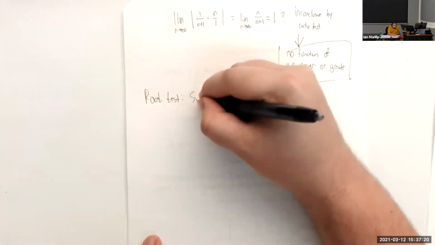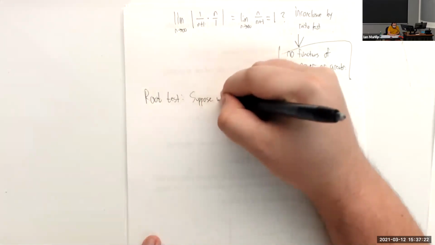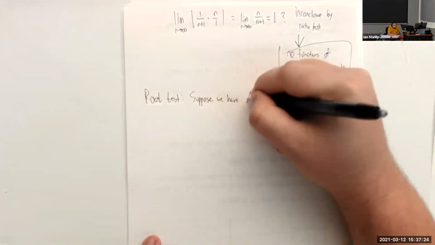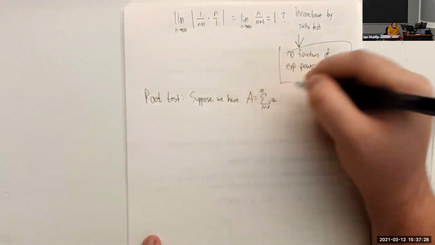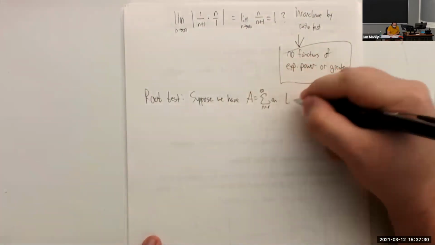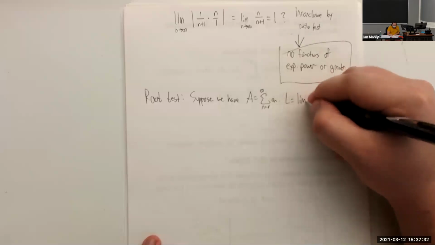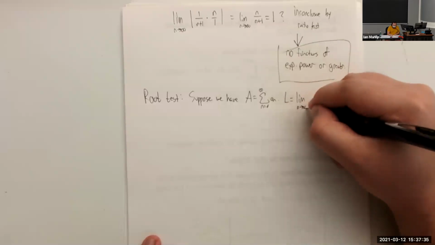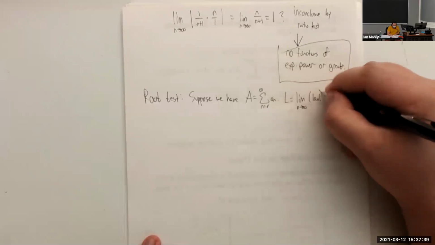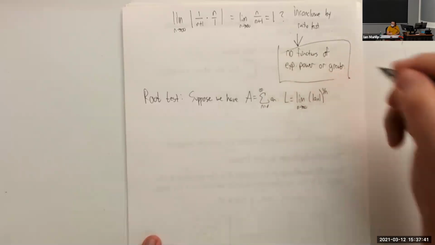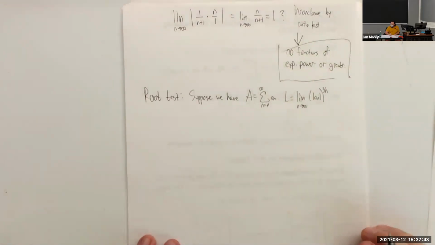Suppose we have a series, the sum from 0 to infinity of a sub n. Then what we do is we compute a limit, but this time the limit's going to be different. It's the limit as n goes to infinity of the absolute value of a sub n to the 1 over n power right here.